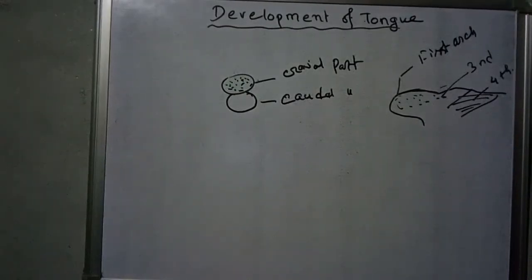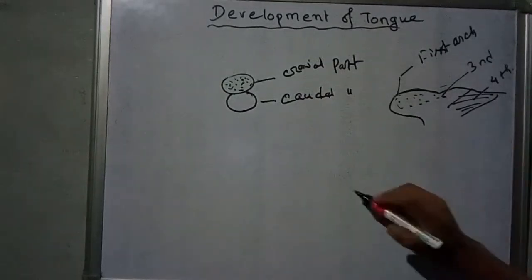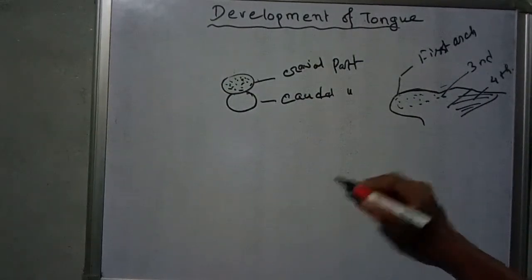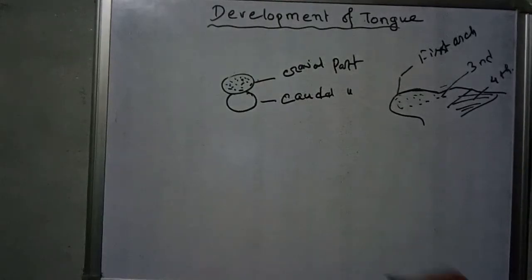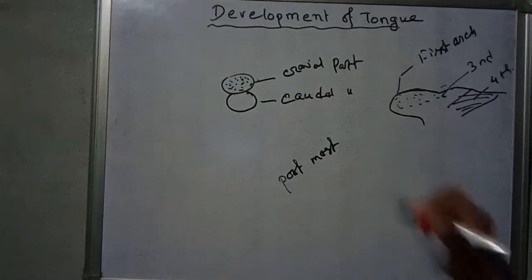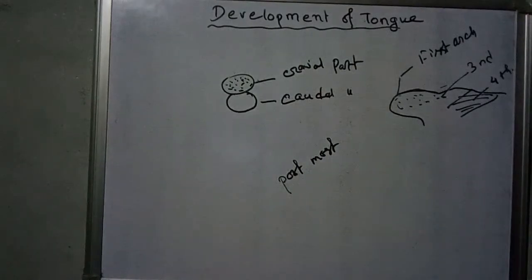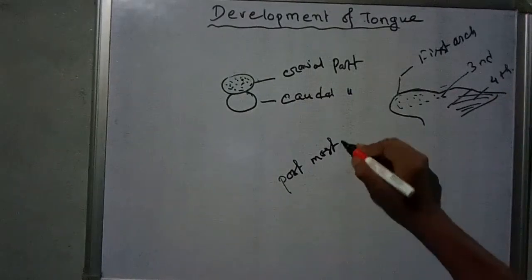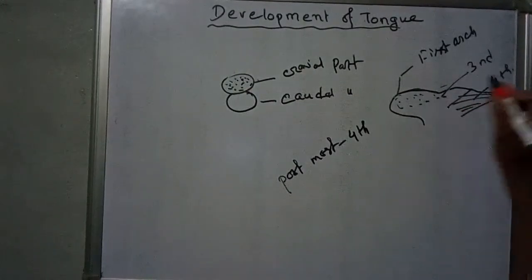So the posterior one third is formed by the cranial half of the hypobranchial eminence, and the posterior most part of the tongue is derived from the fourth arch.